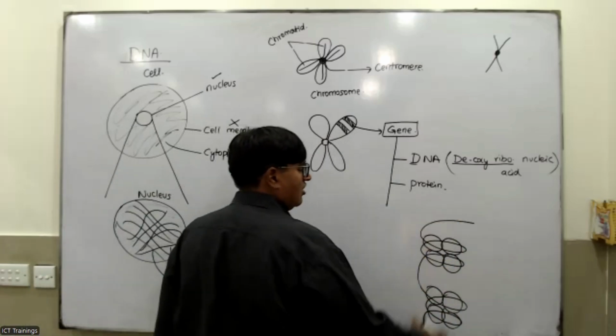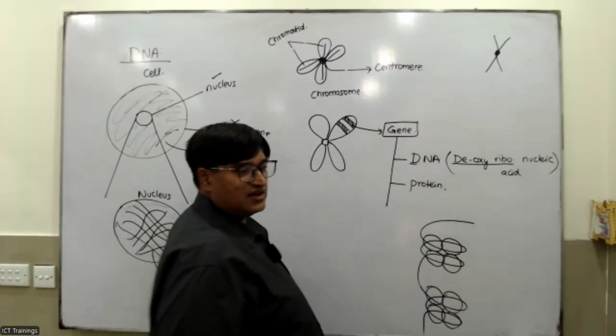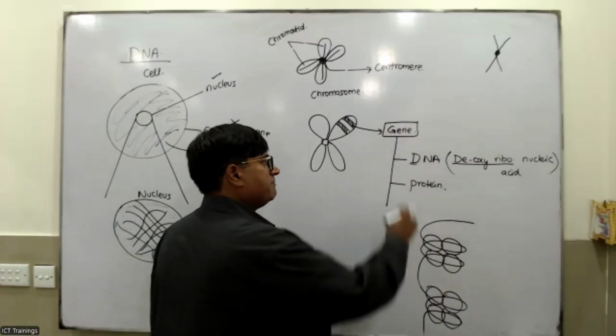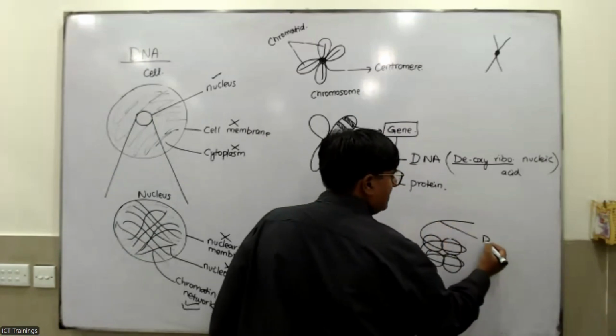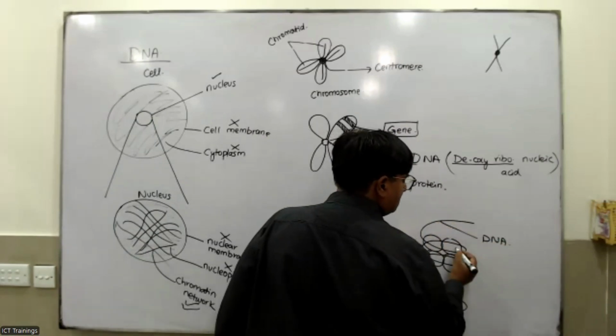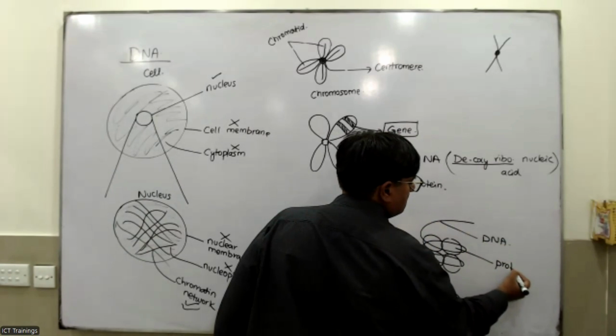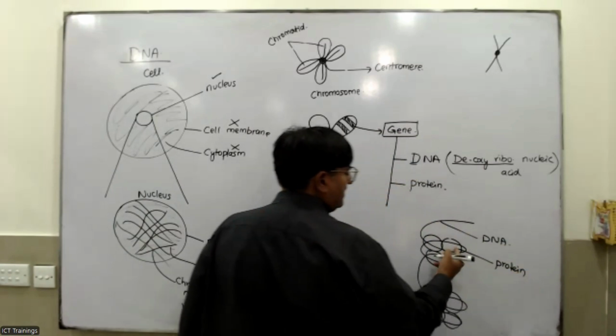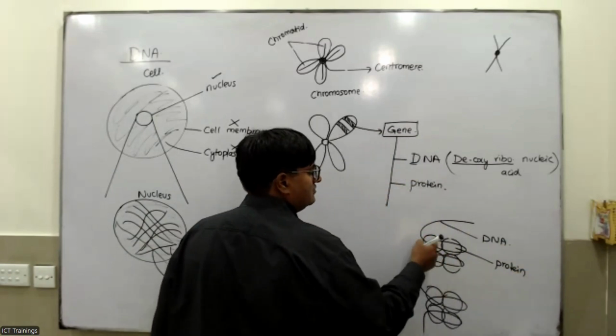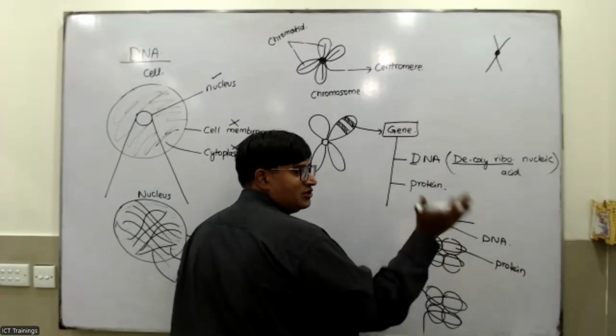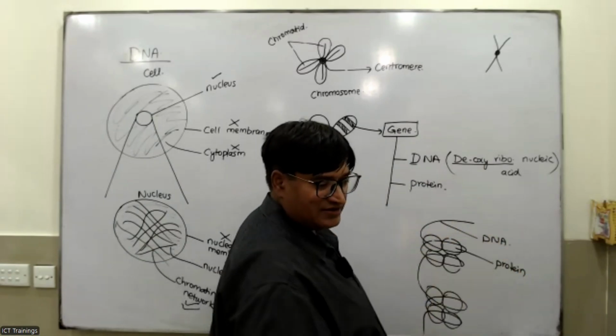This is how, my dear, the gene is made by DNA. This is the DNA, and this is the protein. The protein has 8 molecules: one, two, three, four, and the other 4 molecules are present right behind it.